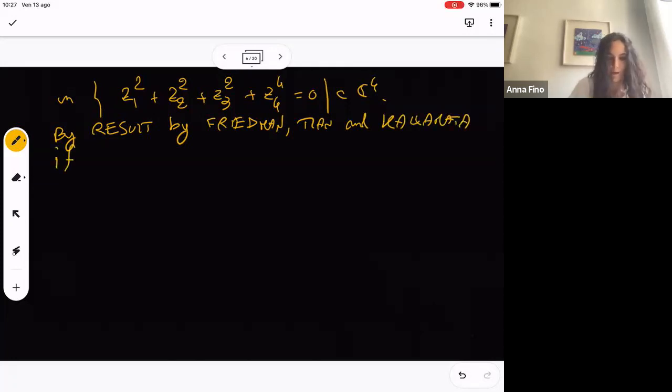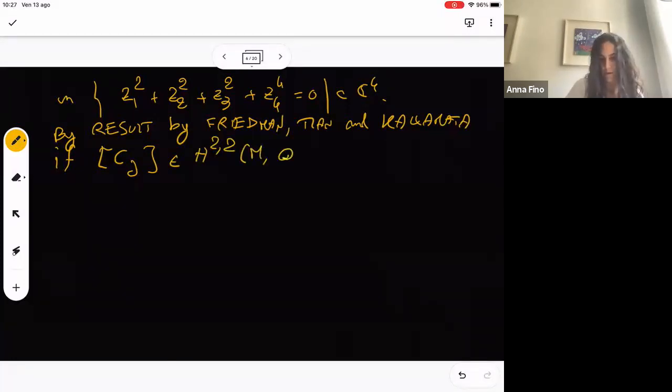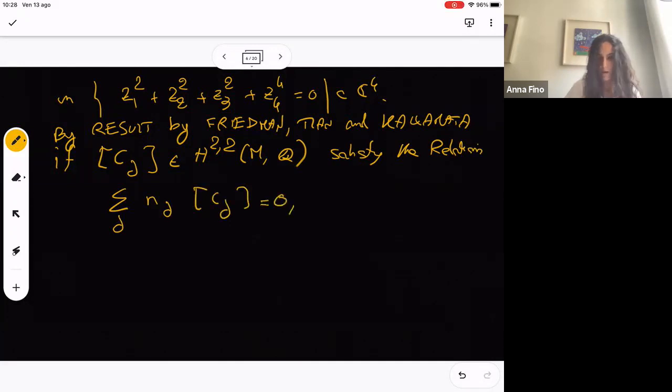If we have an extra condition on the curves, let's say the fundamental class of Cj is rational, so it's an element in A2 with Q coefficients, satisfying the relation that the sum over j of Nj times Cj is 0, with the combination such that Nj is different from 0 for every j.